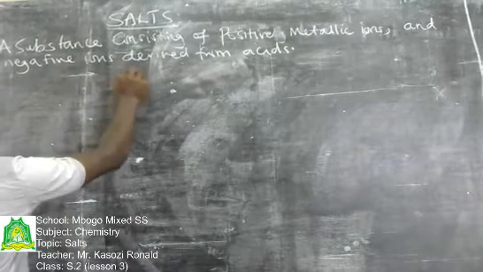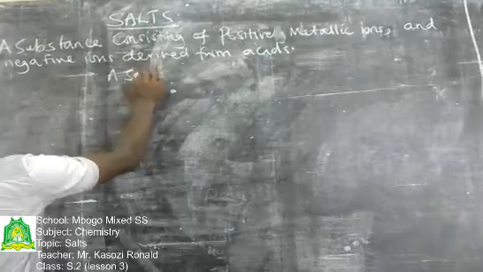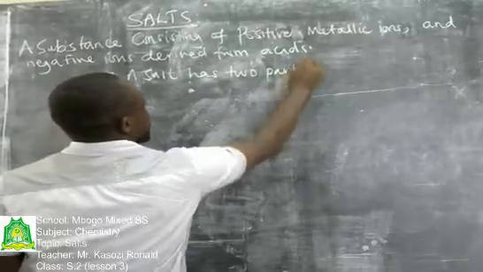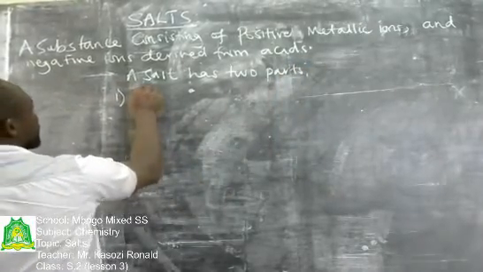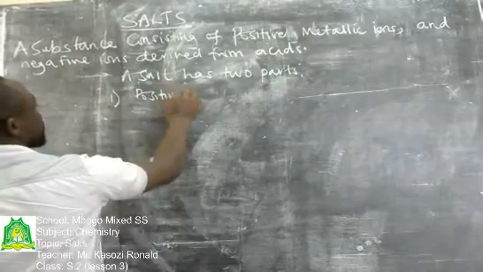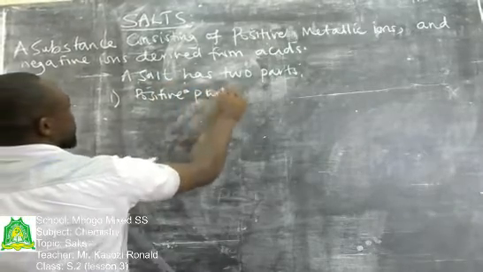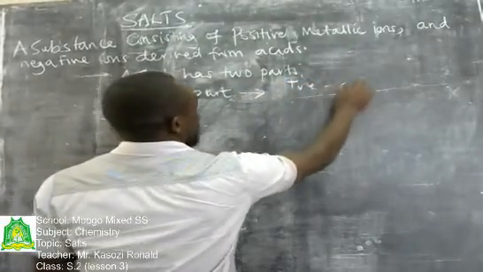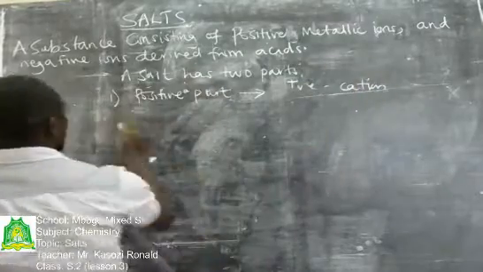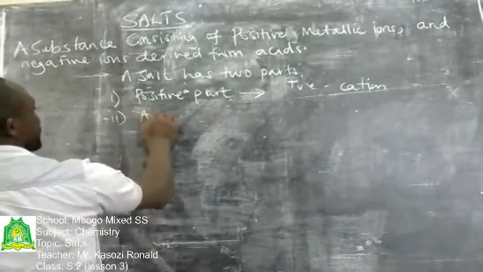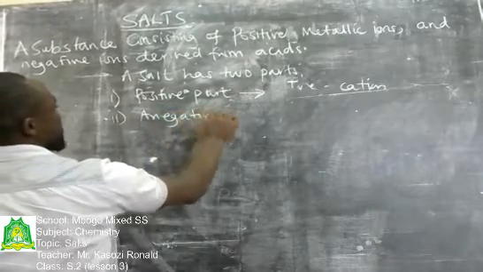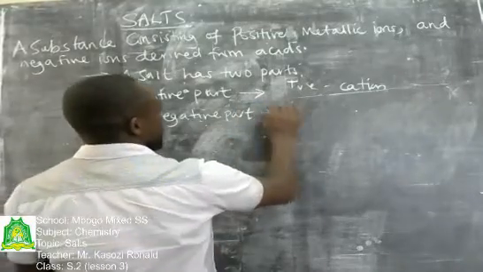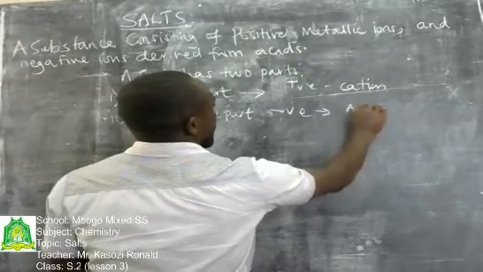A salt has two parts. One part is the positive part, which we call the cation, and the other is the negative part, which is the anion.